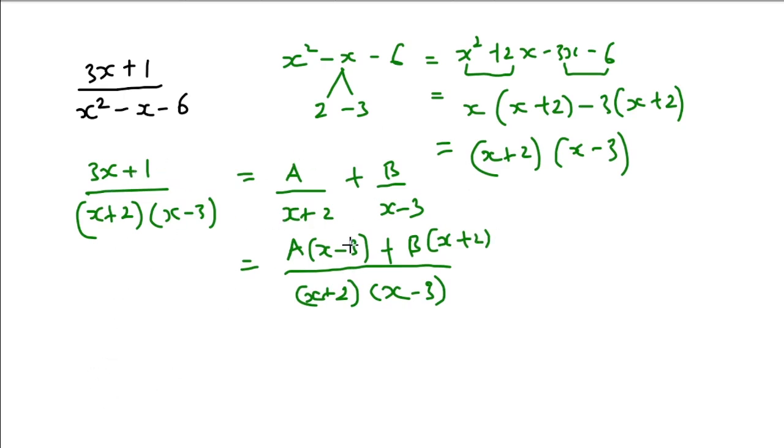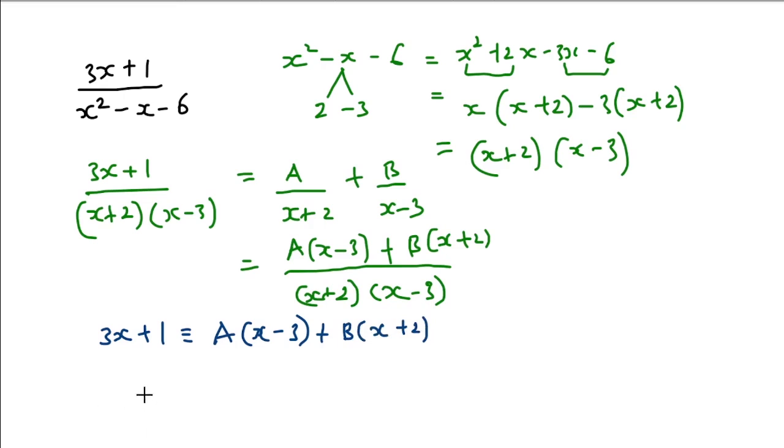So we relate the numerators. Remember, the numerator here is 3x plus 1. So since the denominators are the same, we can relate the numerators. It means that 3x plus 1 can be related with a into x minus 3 plus b into x plus 2.